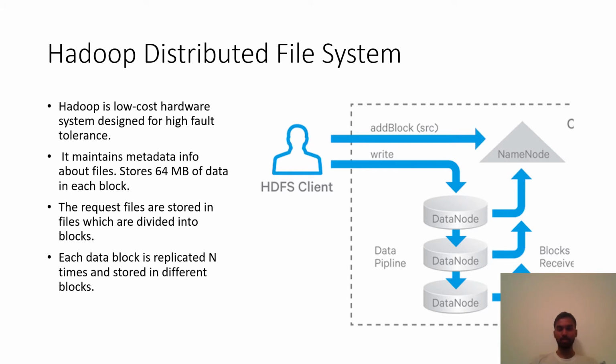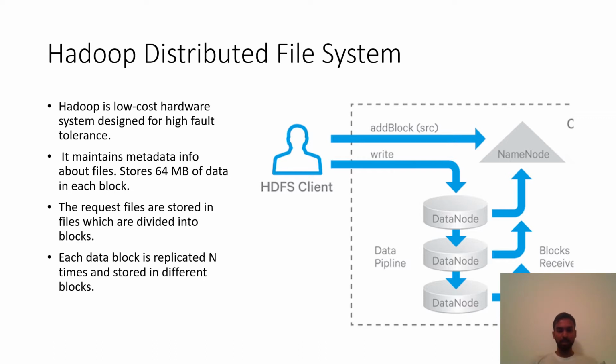The first part of Hadoop is the Hadoop Distributed File System (HDFS). It is a low cost hardware system for high fault tolerance. They used these cheap, low cost systems, took n number of those systems and created a cluster of servers, and stored more and more data by dividing it into blocks and saving the data in data storage.